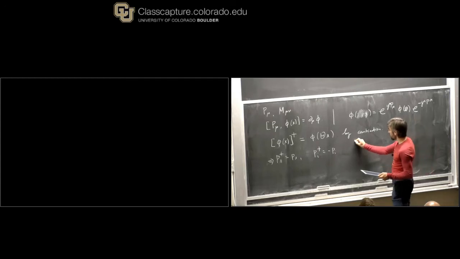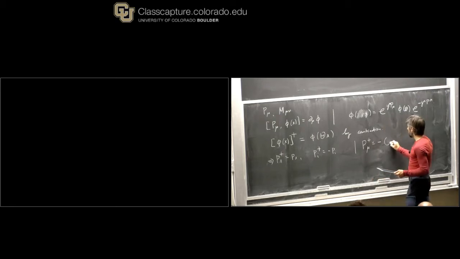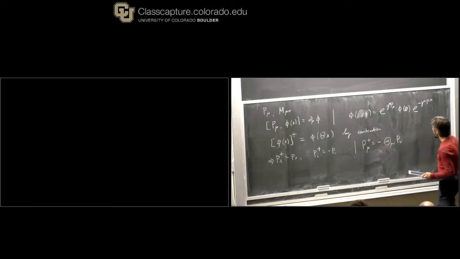So you can write this equivalently as P mu dagger equals minus theta mu nu P nu, where I view theta as a diagonal matrix minus 1, 1, 1.